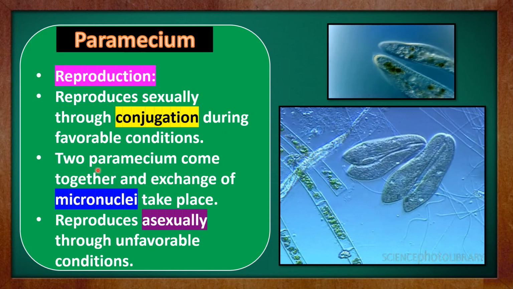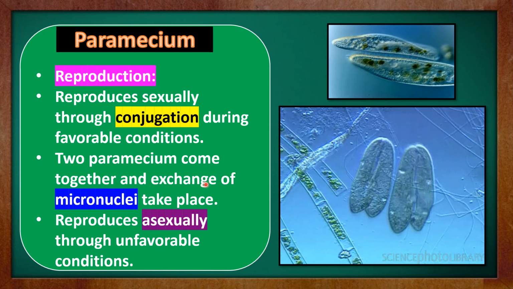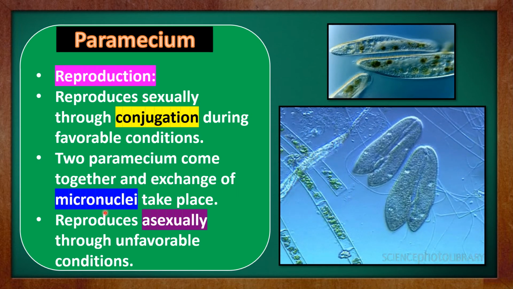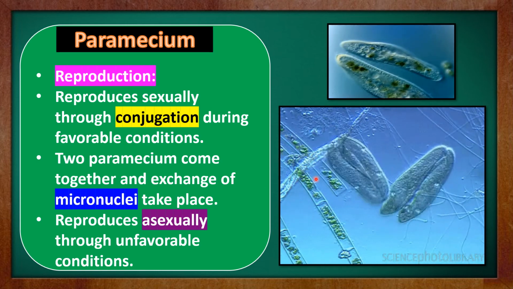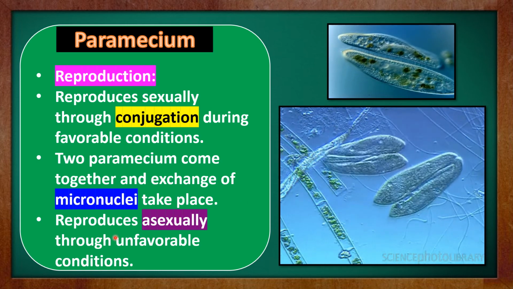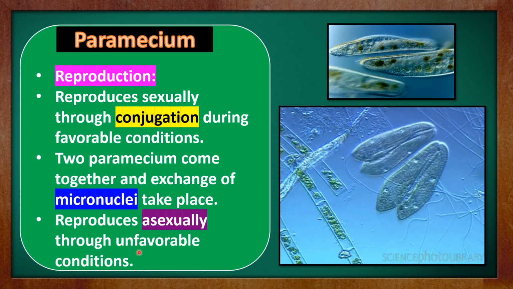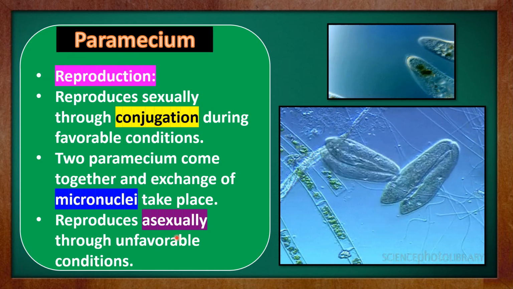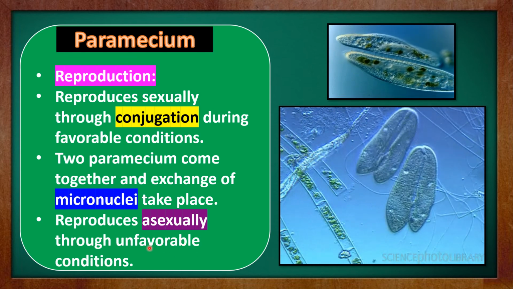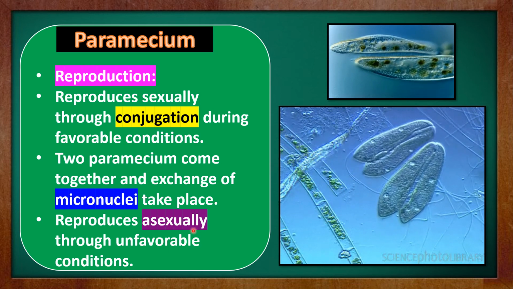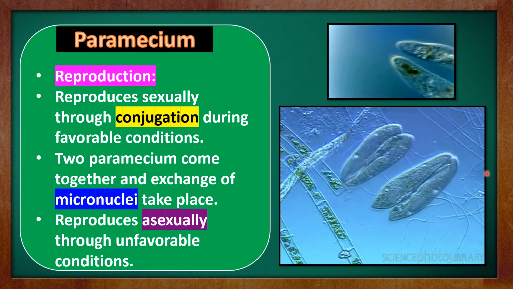Two Paramecium come together and an exchange of micronuclei takes place. It also reproduces asexually during unfavorable conditions, for example when there is not enough food. Asexual means only one parent is involved.